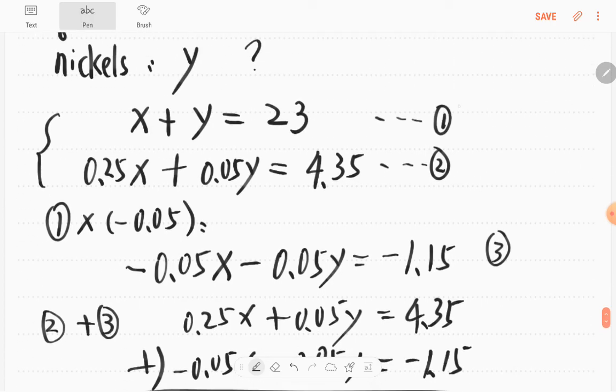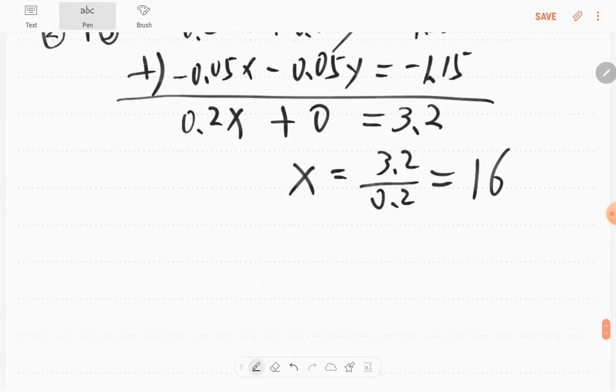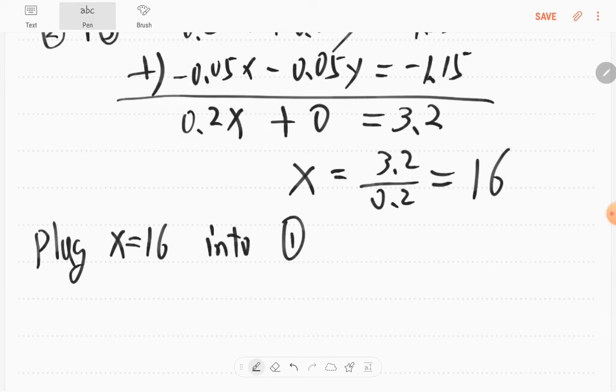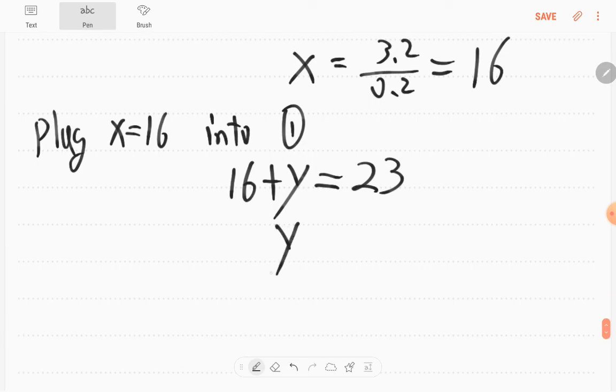We plug x equals 16 into the first equation. So 16 plus y, the total coins are 23, so y must be 7. So we have 7 nickels.